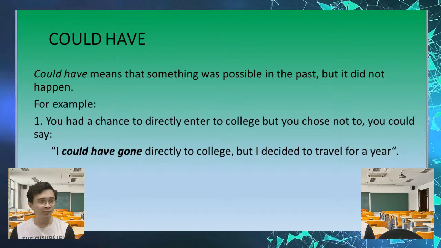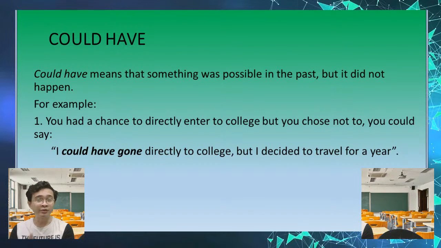So remember, most of the tenses you can find in our examples are all in the past tense because we're trying to talk about the past situation and go back to what happened in the past. That's why we can express could have PP, should have PP, and the other one will be later.